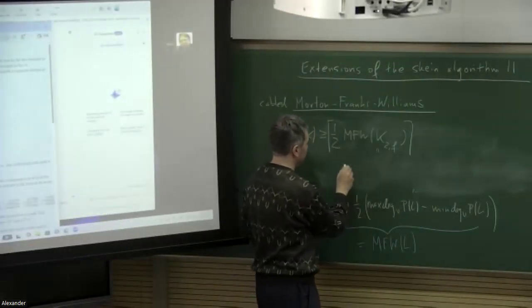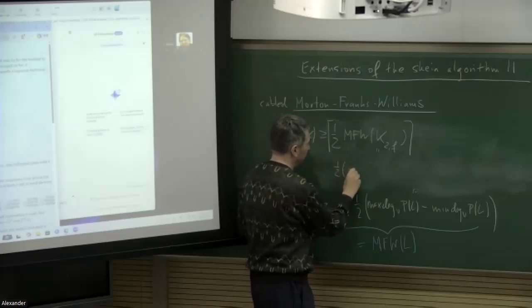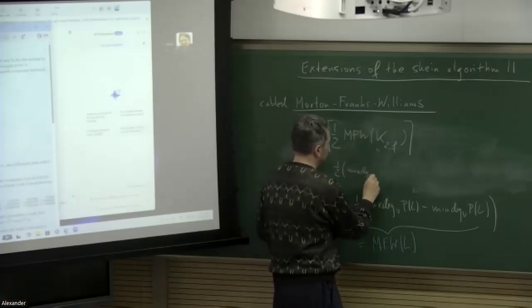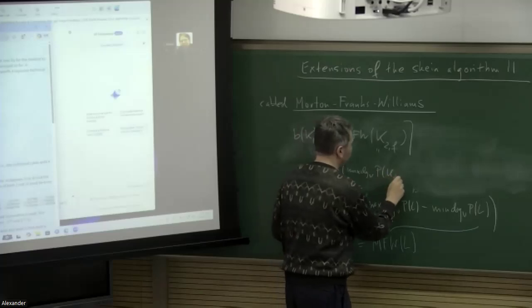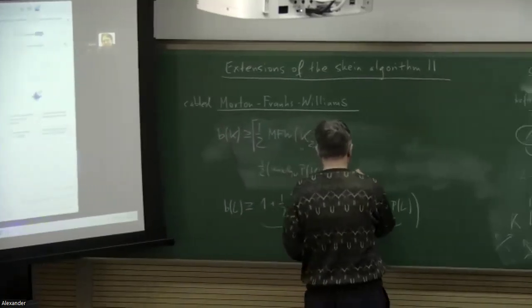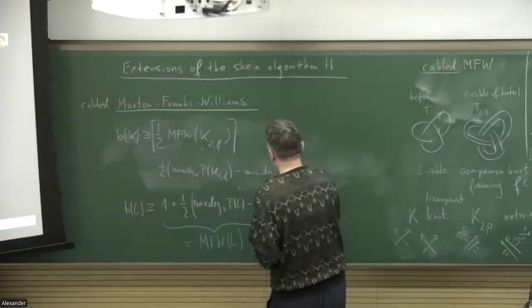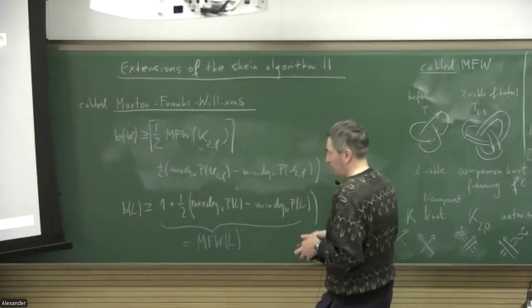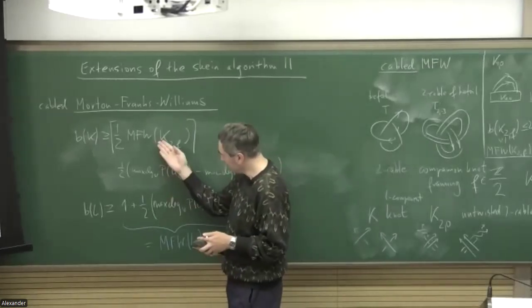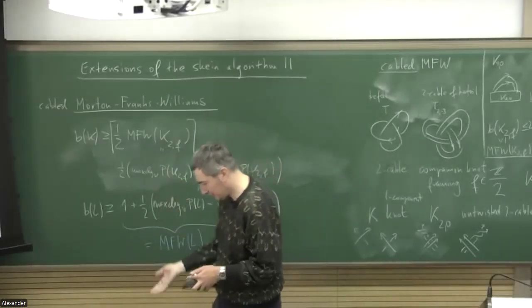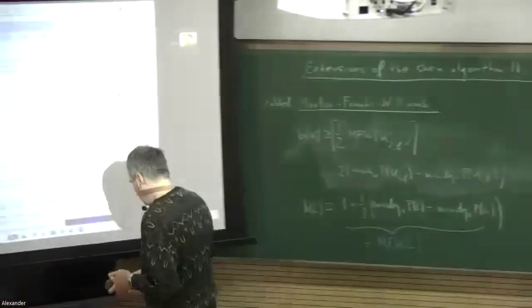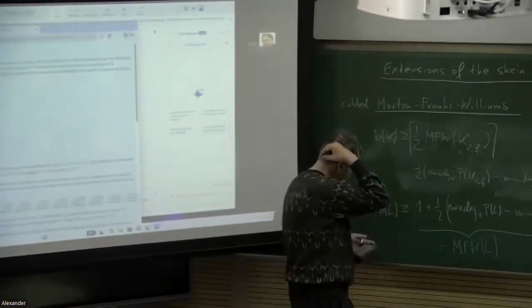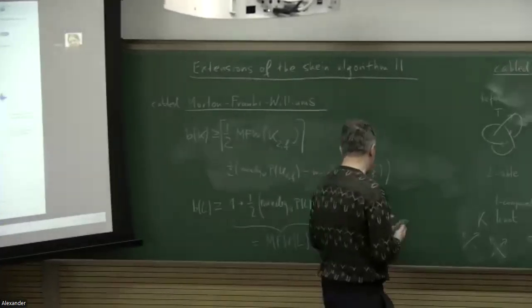So again, this is 1/2 (max deg_v P of K to F minus min deg_v P of K). Of course, this involves the polynomial of the 2-cable.